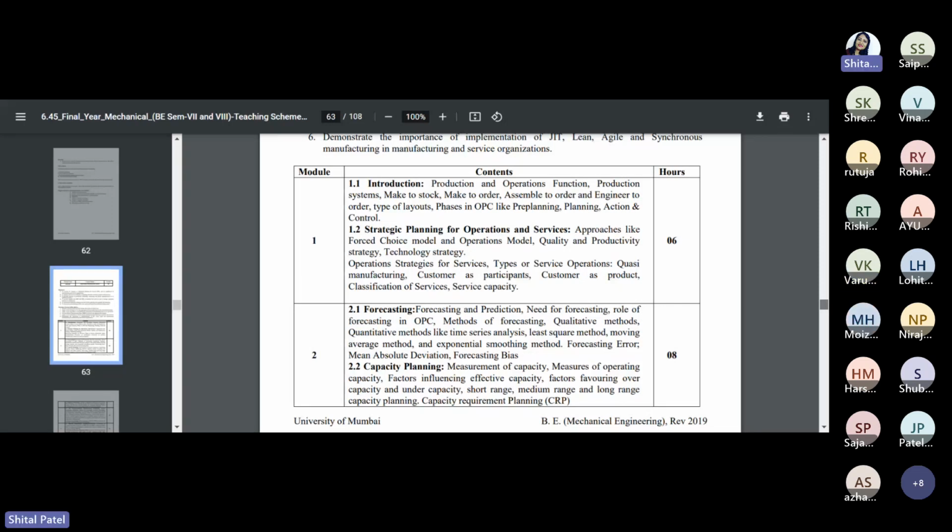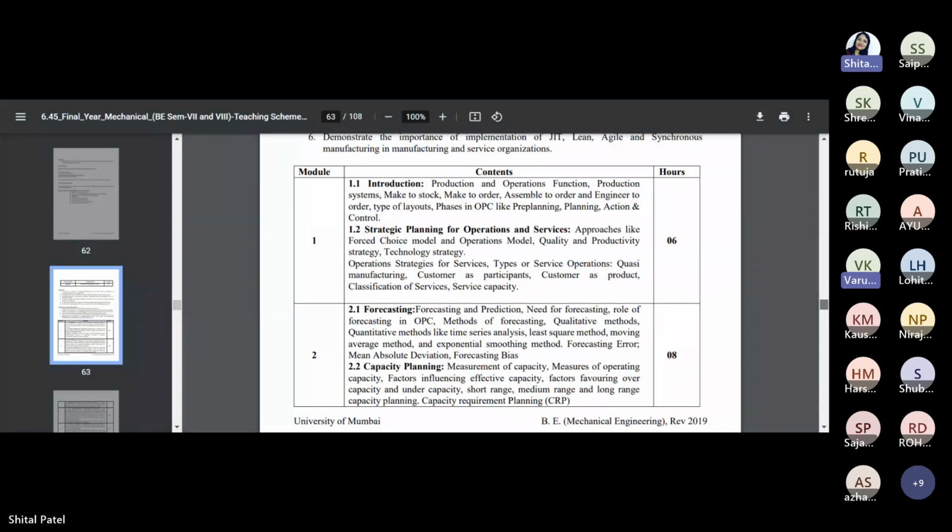So here we have two parts: effective capacity, and over capacity and under capacity. Usually we focus on effective capacity, but sometimes some of the factors favor over capacity. Take an example of a seasonal product, as I have explained in the class, where over capacity is favorable.